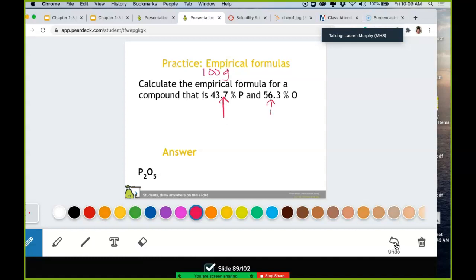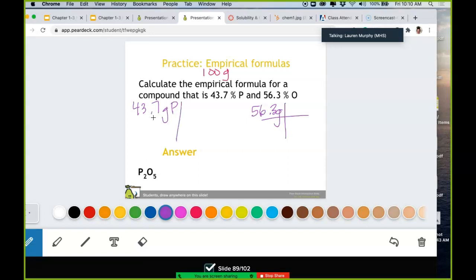We don't need to do any special work. So instead of 43.7 percent of phosphorus, we write 43.7 grams of phosphorus. And 56.3 percent of oxygen is 56.3 grams of oxygen.